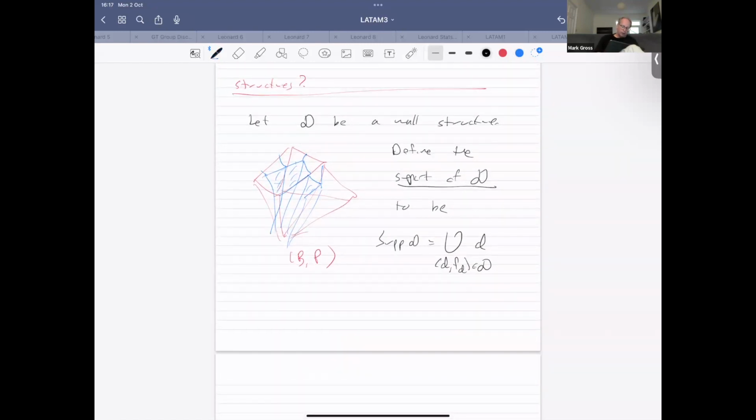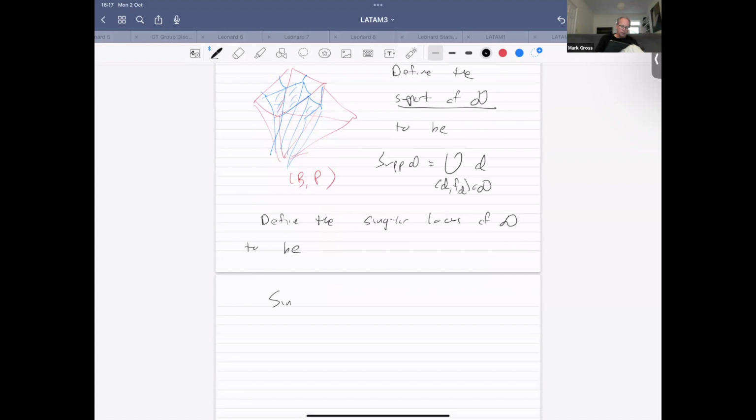And then I'm going to define the singular locus of D, the singular set, to be Sing(D). And this is going to be Delta. Remember, I defined Delta as the union of codimension 2 cones in P, so the union of sigma in P with dimension sigma equal to dim B minus 2.